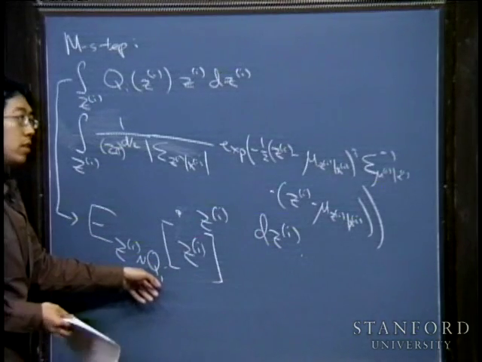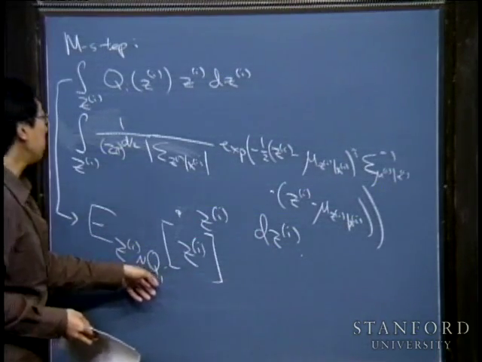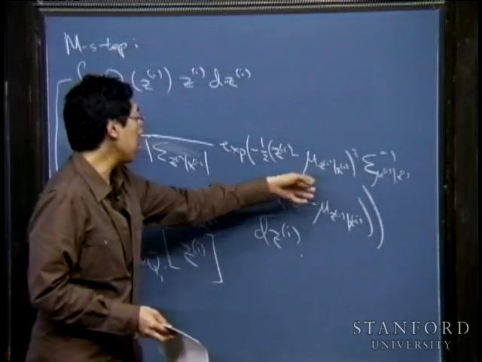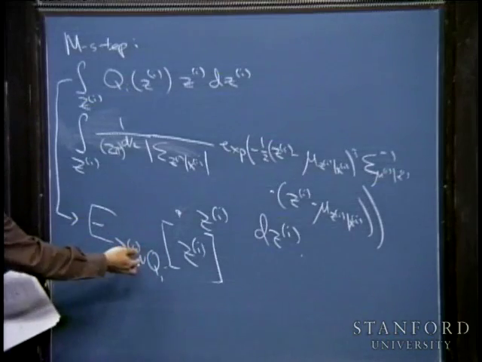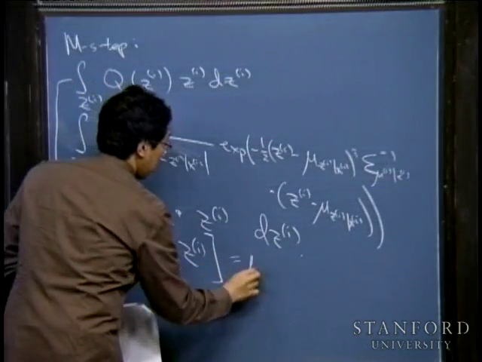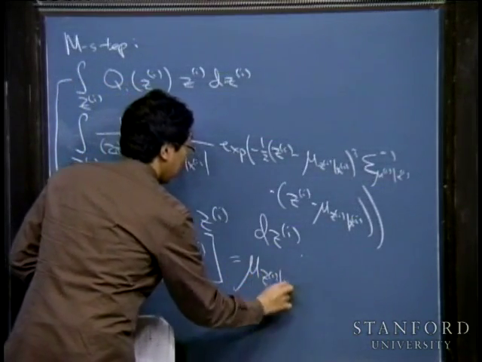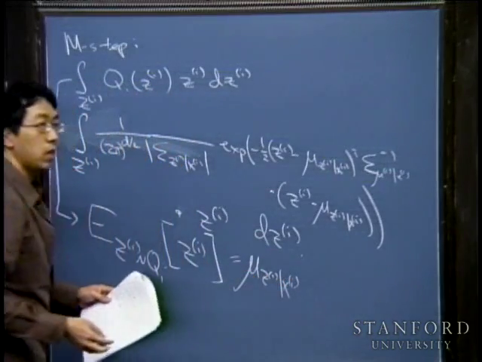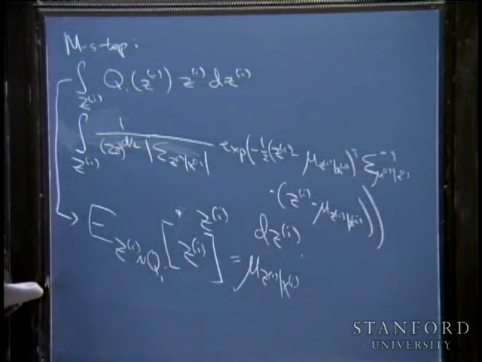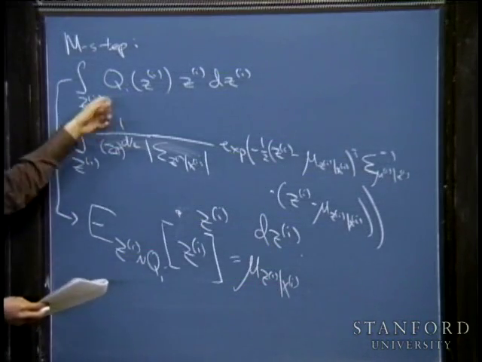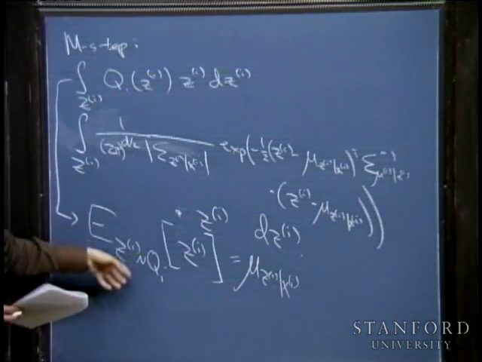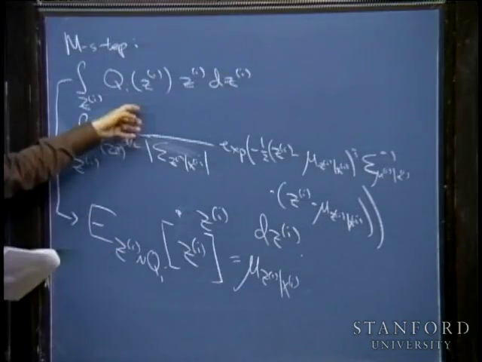But Qi is a Gaussian distribution, with mean given by that mu vector and covariance given by that sigma matrix. And so the expected value of Zi under this distribution is just mu of Zi given Xi. Okay? Does that make sense? So by making this observation that this is just an expected value, this is a much easier way to compute that integral.